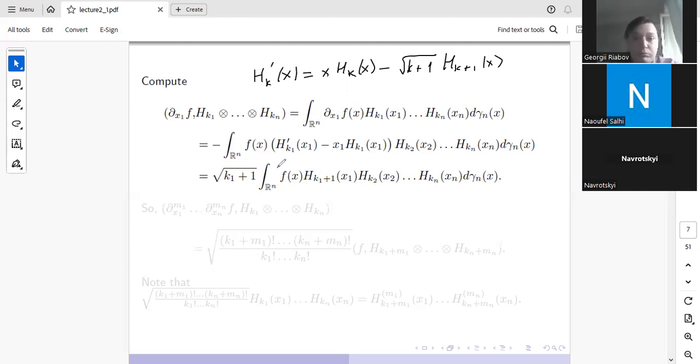So we obtain root of (k1 plus 1) times the inner product of f and h_{k1+1}, ..., h_{kn}.